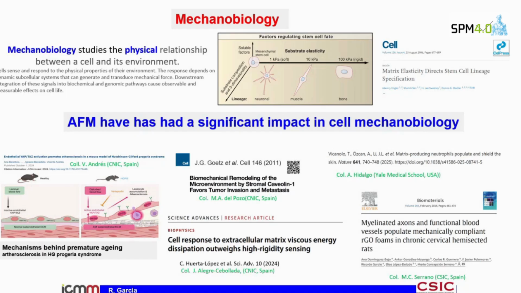And then they realized that the same stem cell culture on a stiff surface matured into a stiff tissue, like bone. But that stem cell, cultured on a soft substrate, matured into a neuron, a very soft cell.